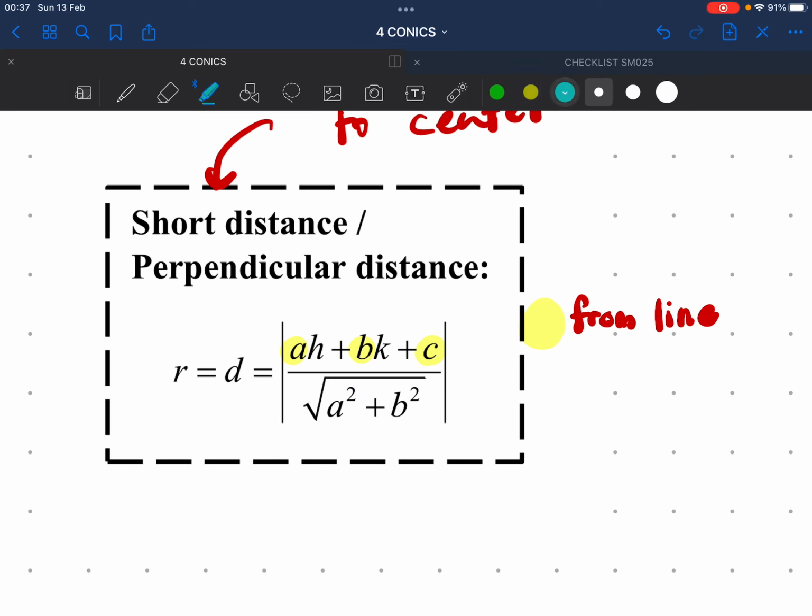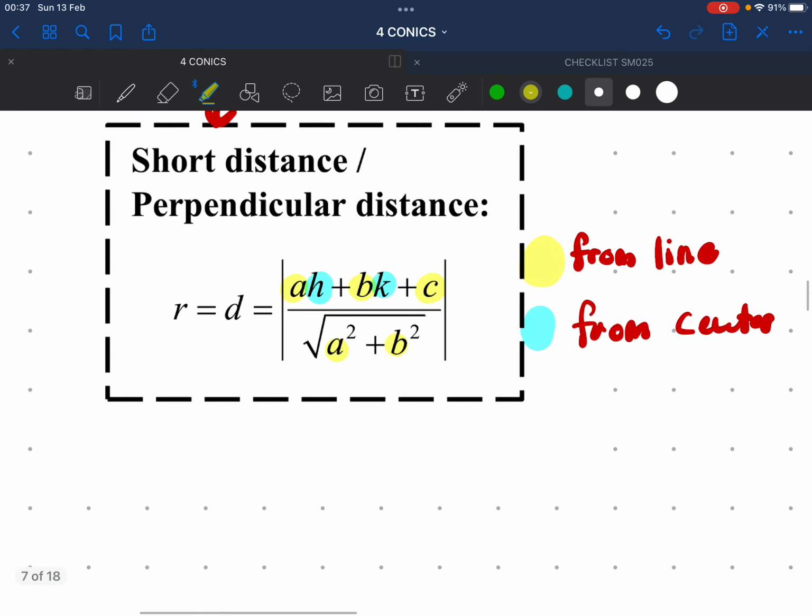The blue part, which is your H and your K, is from the center. That means the yellow one, your A, B, and C, is also from the line.